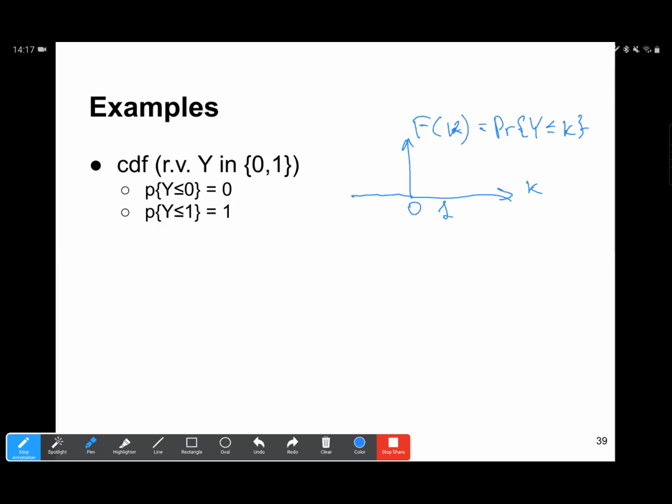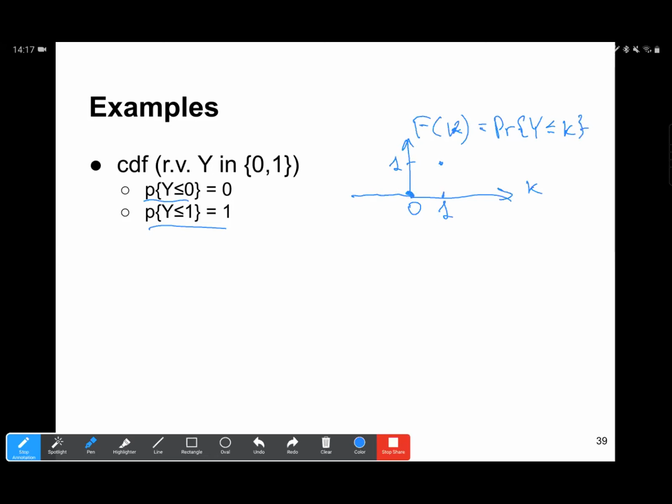So for any k, the probability that Y is smaller than 0 is 0, and the probability that Y is smaller than 1 is 1. And we know that it can only be equal to 0 or 1.